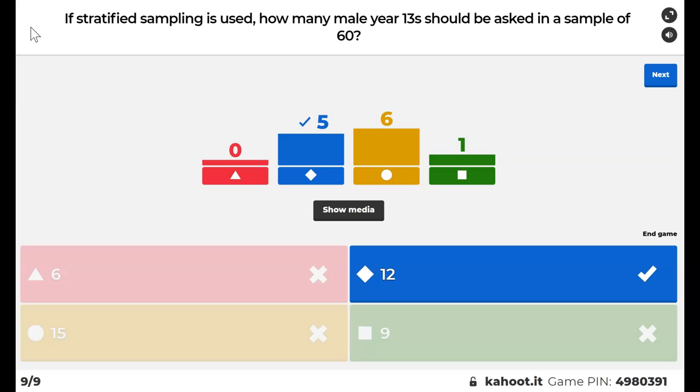If a fifth of the group are year 13 males, you need to make sure in your sample you have a fifth of year 13 males as well. So if you do a fifth of 60, or 80 over 400 of 60, you're going to get 12. So with stratified sampling, remember, it has to be reflective of the population.